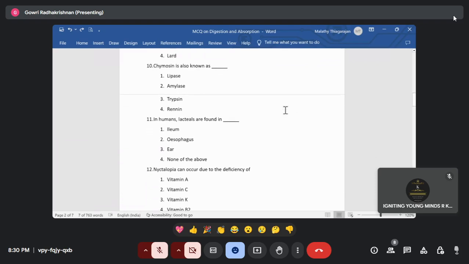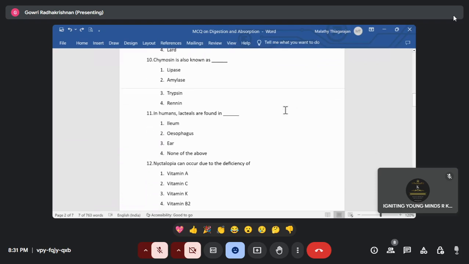Now 10th one. Chymosin is also known as renin, ma'am. Renin. What is it used for?